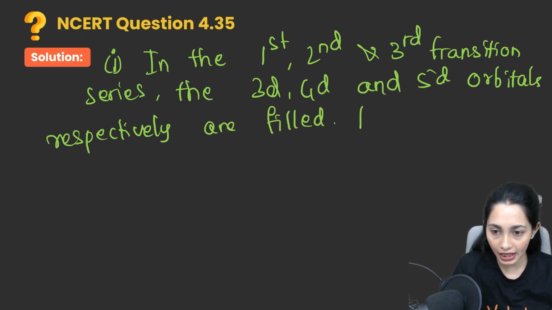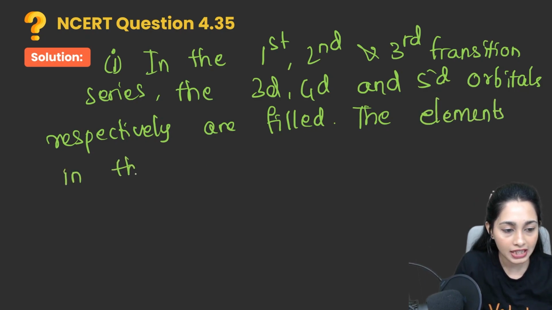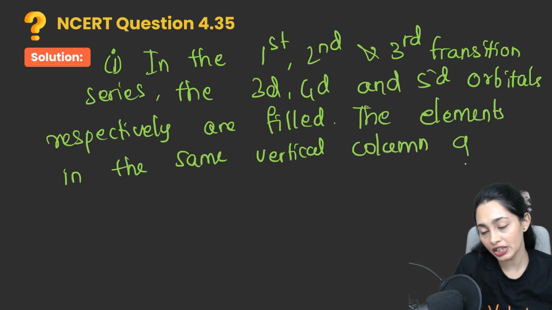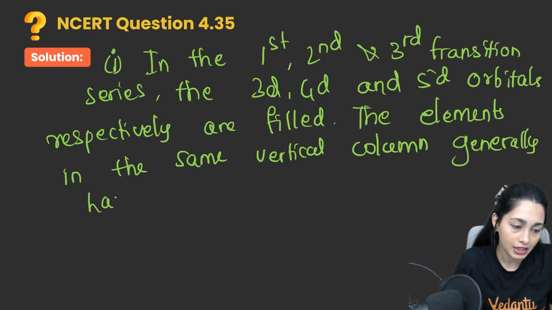The elements in the same vertical column generally have similar electronic configuration.